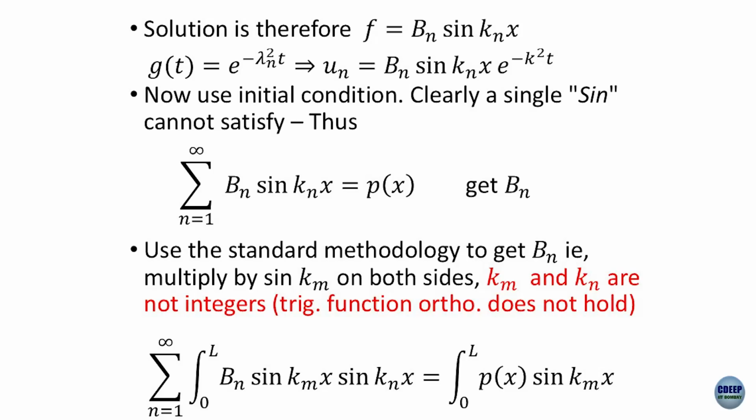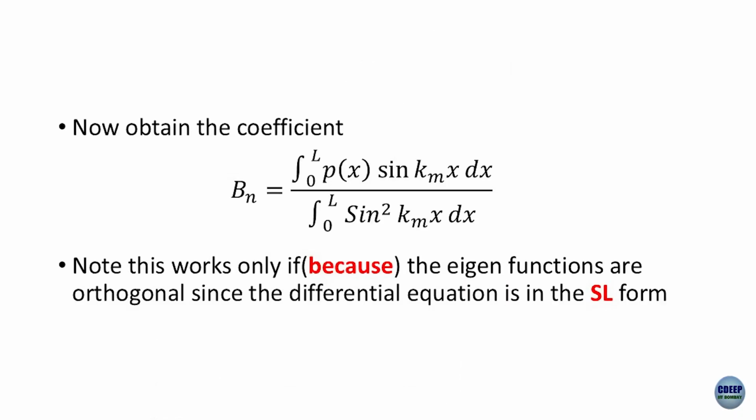If the eigenfunctions are orthogonal, then now I don't need to look at this red stuff here. I can just simply use this and I'm going to get this Bn like so. This is why we did all of this.